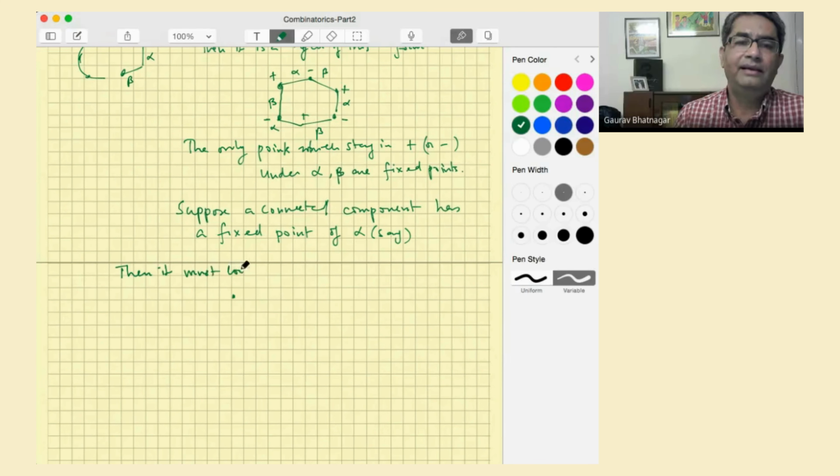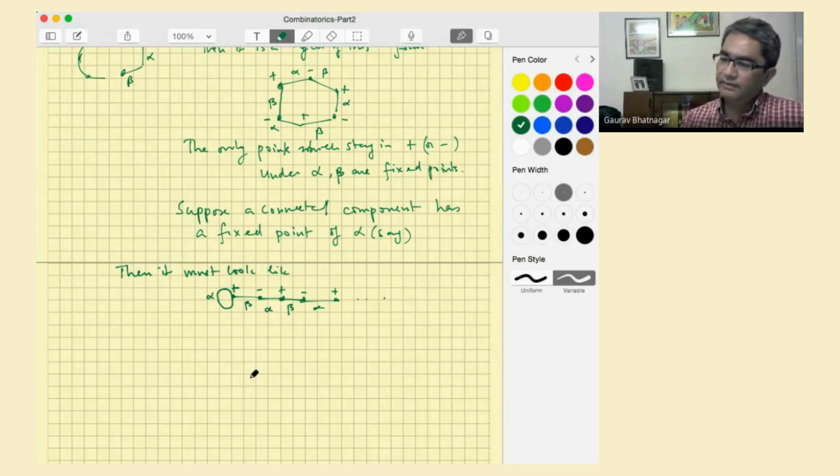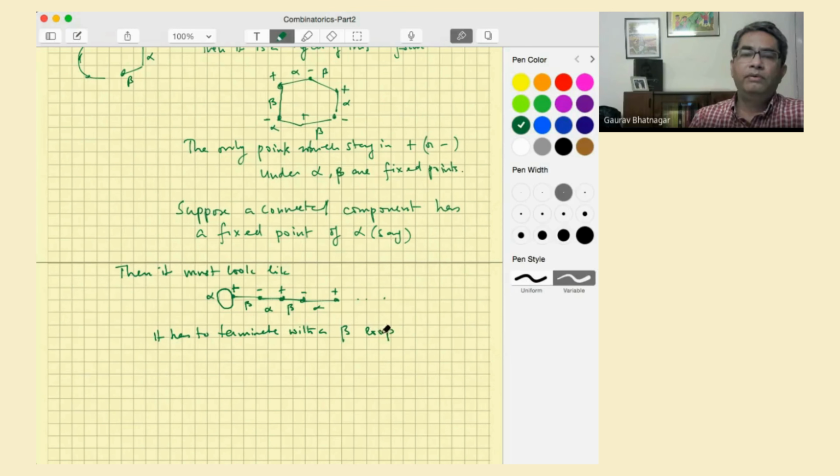So it has a fixed point of alpha, so it's a plus, and then it goes out, then to minus, then alpha, then again beta, then alpha, and so on, right? And it has to terminate with a beta loop.